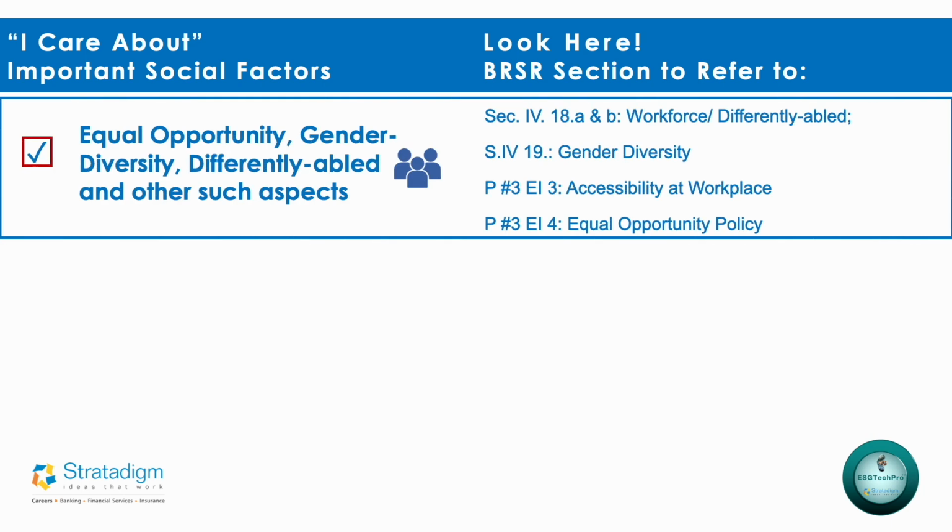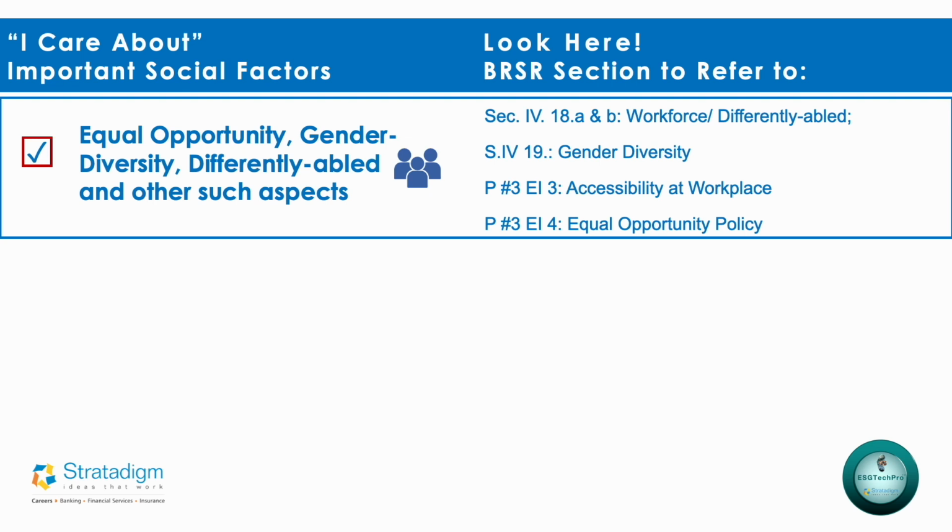Which brings us to equal opportunity, but then also gender diversity, differently abled people, and so on and so forth. So, section 418A and B, when you look at the workforce breakup, what proportion of the workforce is comprised of women, and what proportion do you have differently abled people?